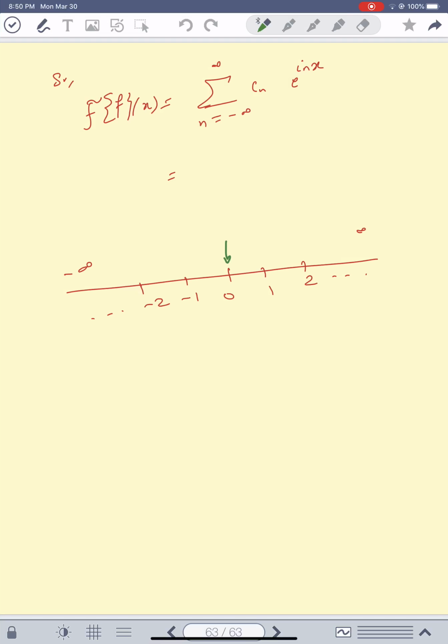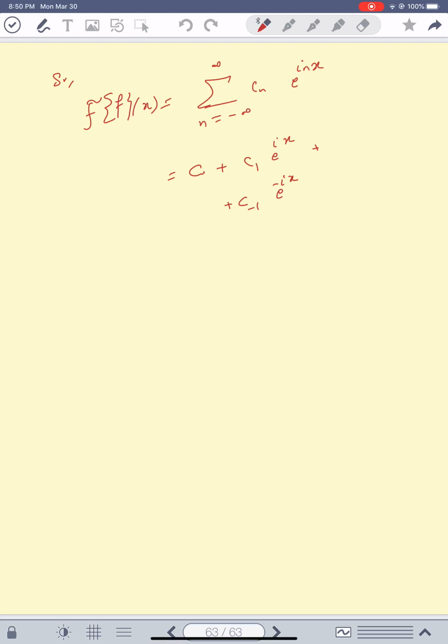You start with 0, then 1 and -1, then 2 and -2, and so on. If you substitute the 0, it will be C0. If you substitute the 1, it will be C1 e to the ix. If you substitute the -1, it will be C-1 e to the -ix. If you substitute the 2, I'm just writing it this way, so the negative are together, the positive are together.